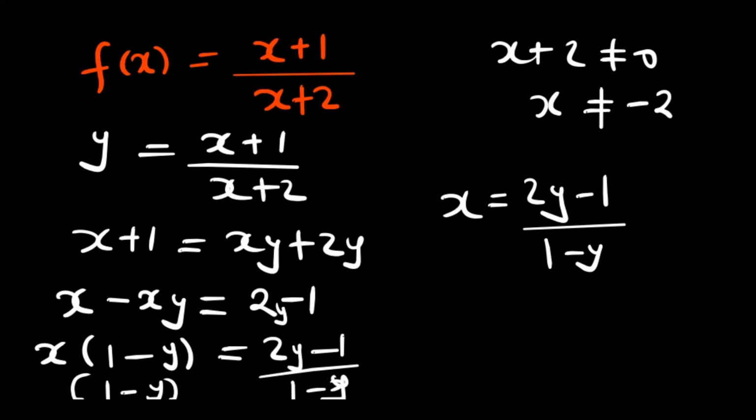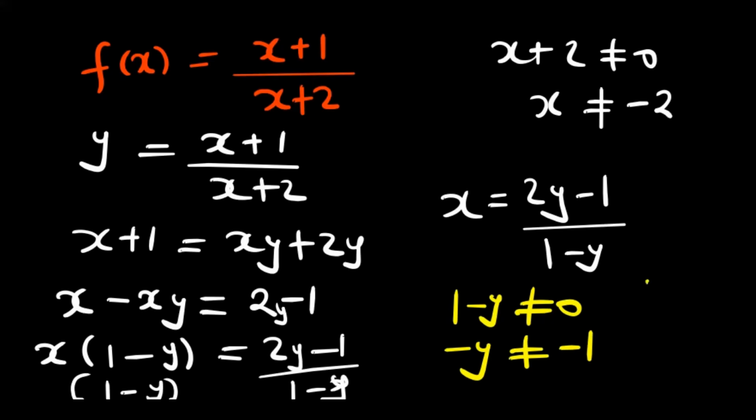Now what this means is that this denominator where y is, just equate it to 0, because we don't want that to be equal to 0. So 1 minus y should not be equal to 0. So negative y should not be equal to negative 1, when the 1 goes to the other side it becomes negative.